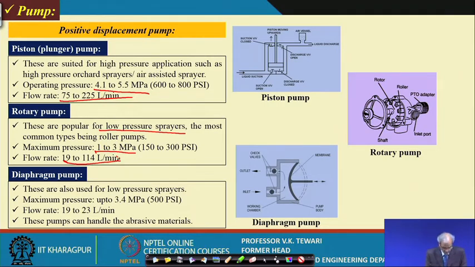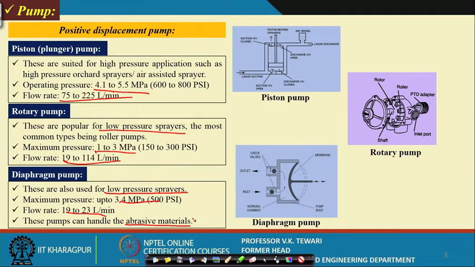The diaphragm ones are also low pressure, about 3.4 megapascal, and about 23 to 90 liters per minute. These diaphragm pumps are sometimes better, particularly for abrasive materials. Each has its own requirement and its own uniqueness, particularly with regard to use.